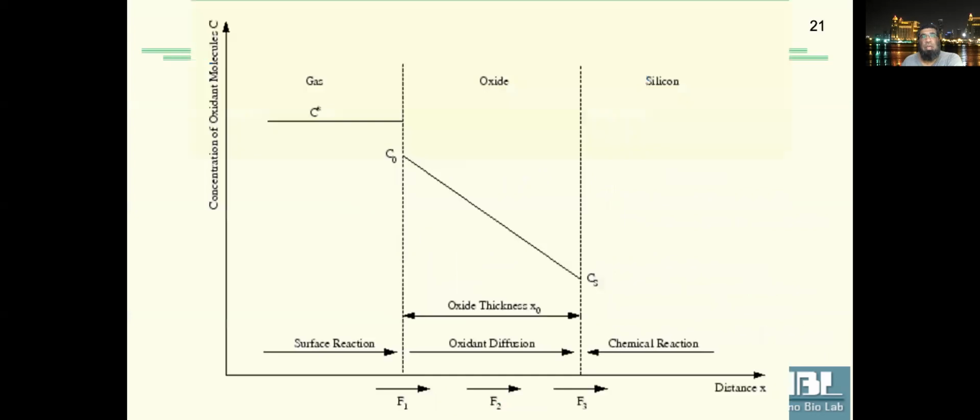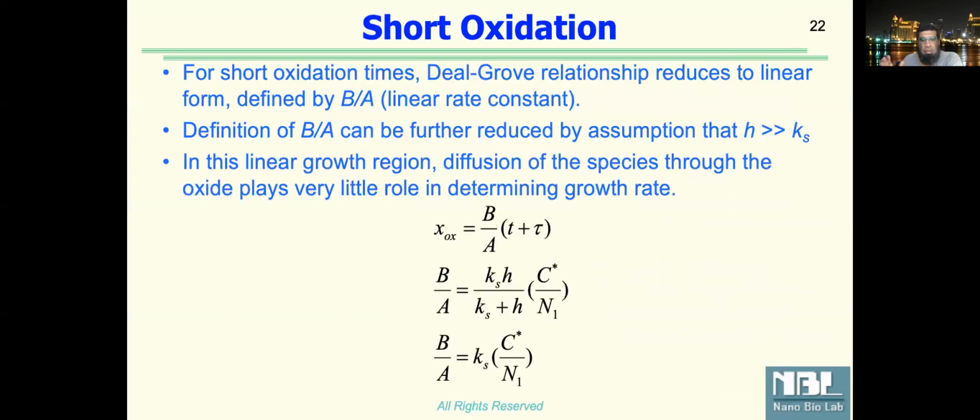So if we relate back to the original three regimes, we have to understand how oxygen gets to the interface, F1, how does it travel through the oxide, F2, and how does it react at the surface of silicon dioxide and silicon.